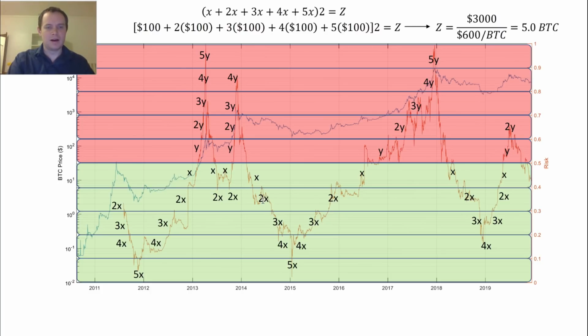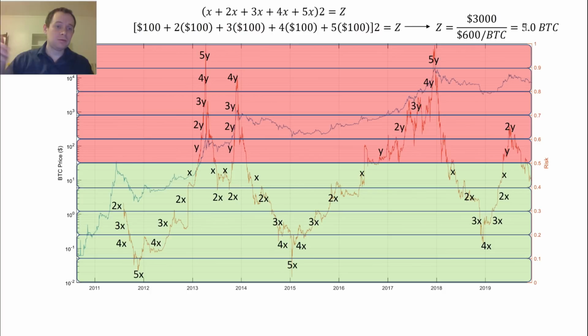Okay, but let's just take the most conservative approach, and what that would be saying, well, once we enter the sell zone, what is the price of Bitcoin? Let's just say it's roughly $600. So if we had put in $3,000, we could say we had 5 Bitcoin.